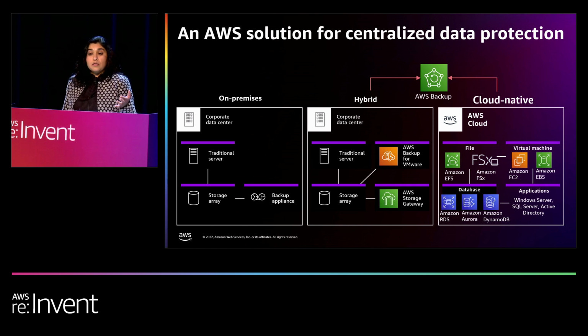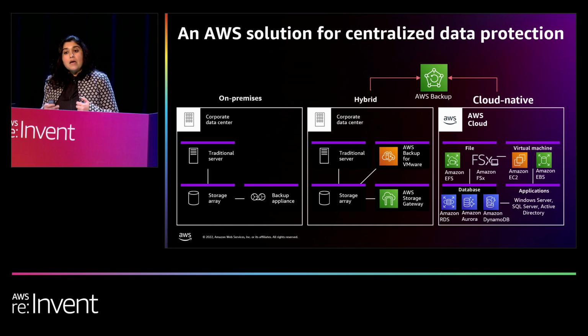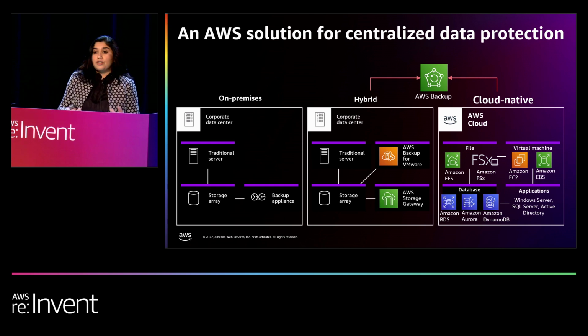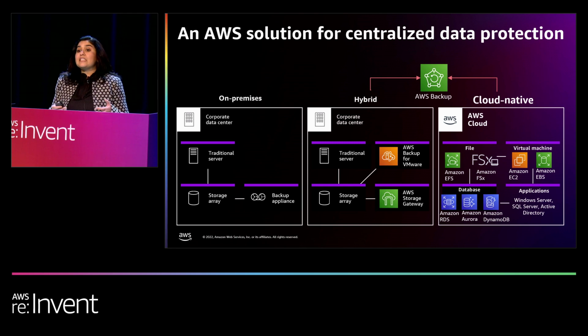The second topology is mostly due to the onset of cloud. Customers have started using applications on premises, but are using a target cloud to protect their data using, for example, a storage gateway. And the third topology is a more cloud-native topology, where customers want to run their applications on the cloud, and they also want to natively protect those applications within the same cloud.